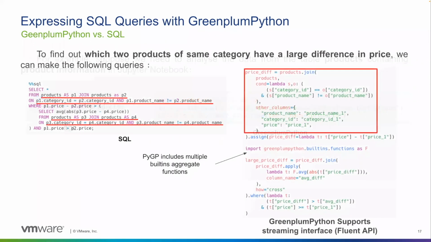And now suppose we want to find which two products in our table products have a significant price discrepancy within the same category. In SQL, we will need to join the products table with itself and filter the result based on category and price difference twice. However, with Greenplum Python, we can assign the join result to a new data frame and use it multiple times, making the code more concise and efficient.